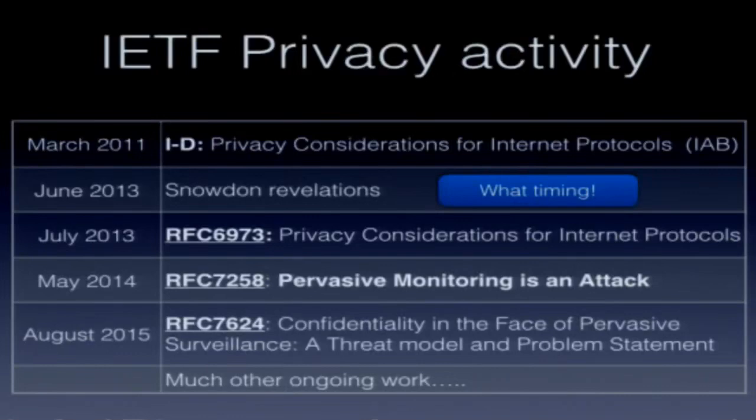The work at the IETF level has continued, though. There are several other RFCs in this area. There are many drafts in progress, so I just want to illustrate that there is a lot of work going on at the leadership level in the IETF with regards to privacy.